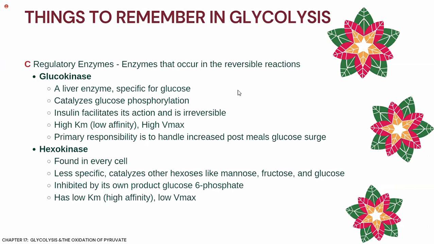It has a high Km, which means a low affinity for its substrate, and the substrate is glucose. It has a high Vmax. It catalyzes glucose phosphorylation, converting free glucose into glucose 6-phosphate.